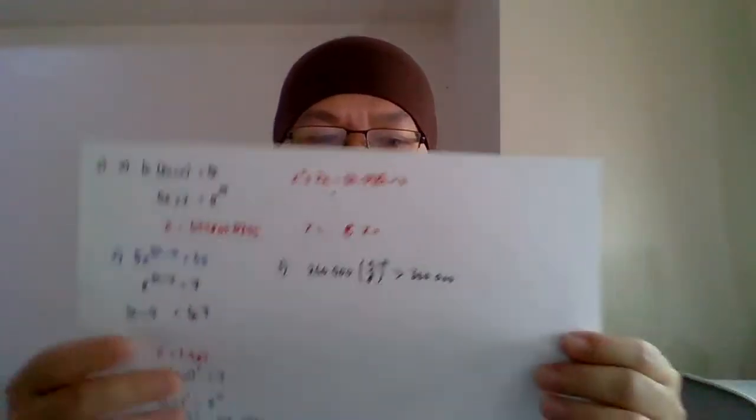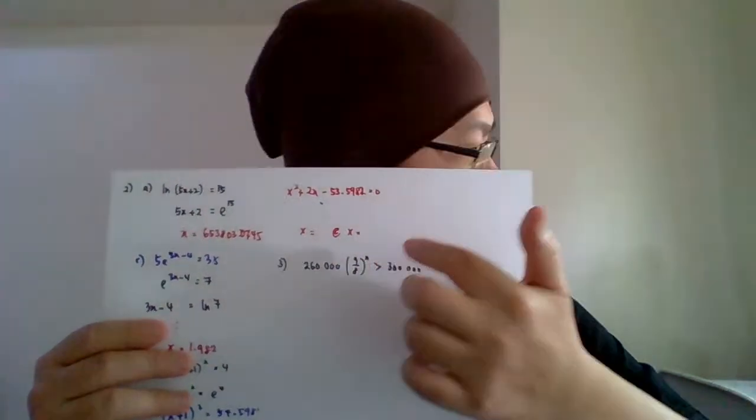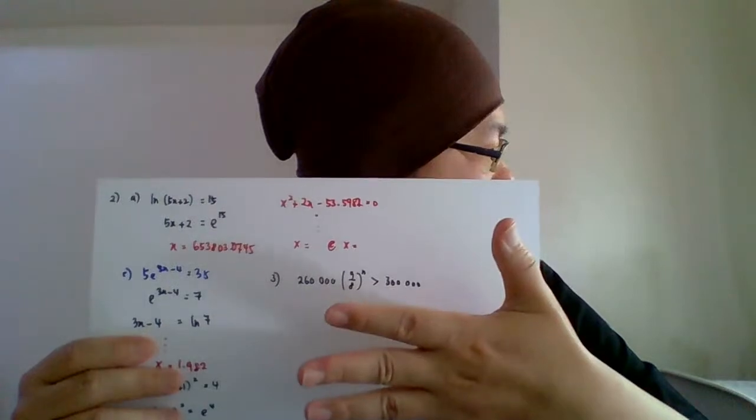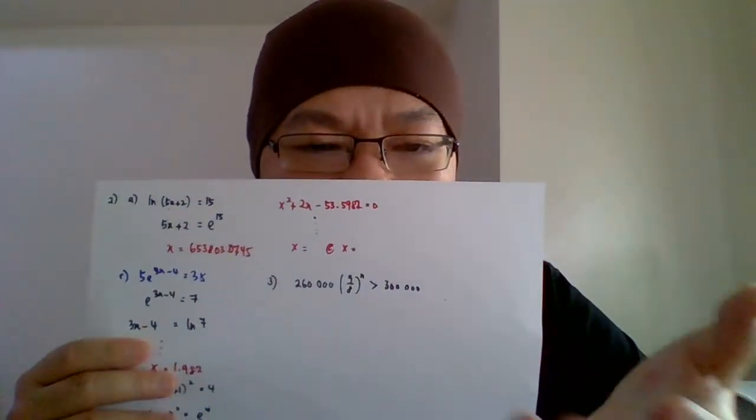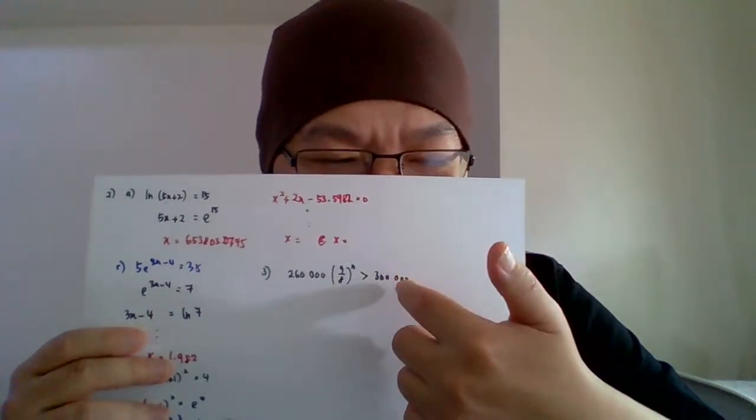So for question number 3, 260,000 bracket 9/8 to the power n exceeded 300,000. We must apply more than, because we are talking about the minimum number of years needed so that the price goes beyond 300,000.